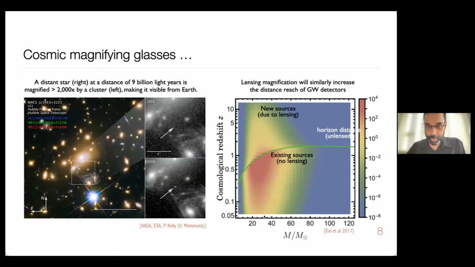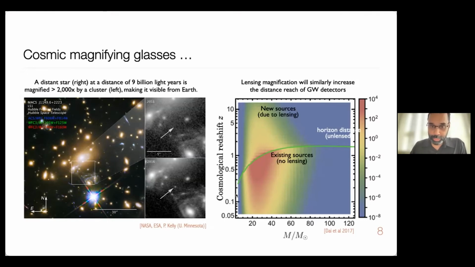So this is a plot from Dai et al., which investigates how lensing could significantly enhance the horizon of detecting some of the binaries.